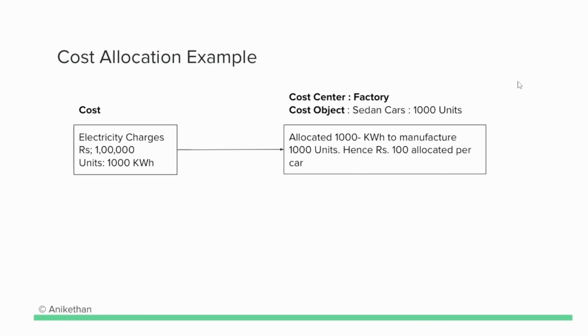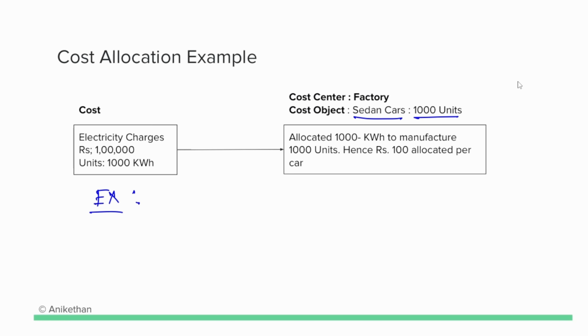Here is another example. Let's say there is a factory. In that factory, only one type of car is produced. The electricity charge is an expense. It is not material, it is not labor, so it comes under expense. When you have to assign this cost to the cost object, for example here it is a sedan car, 1,000 units are produced.